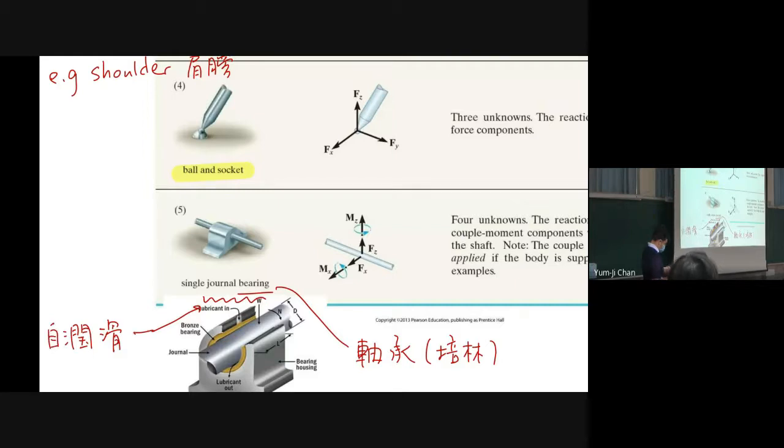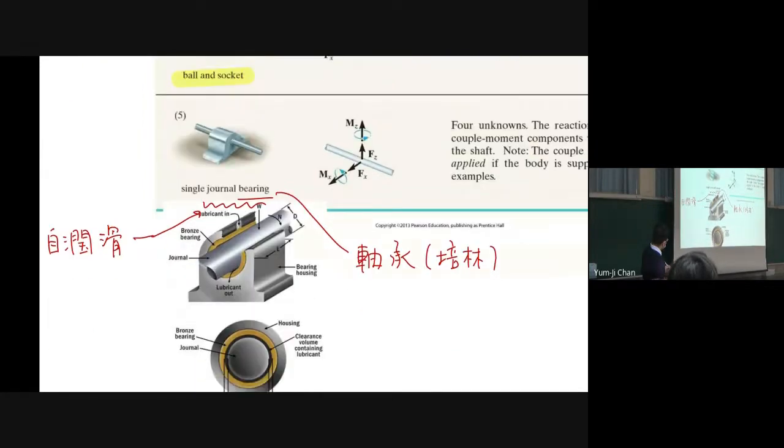In journal bearings, we simply fill the gap between the rotating part and non-rotating parts with lubricants.